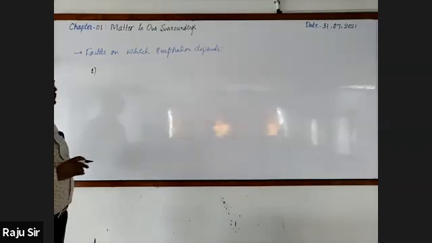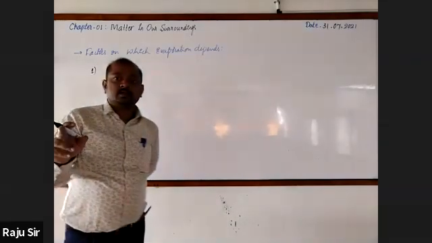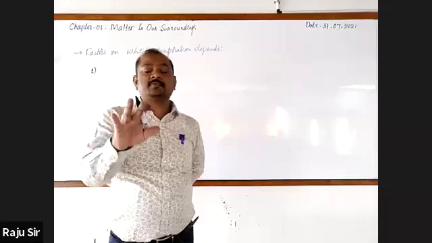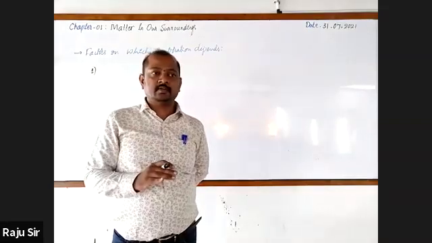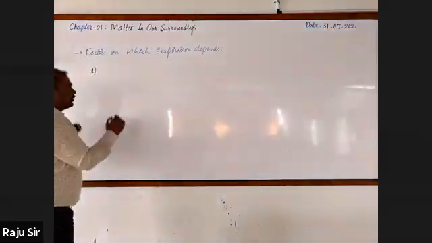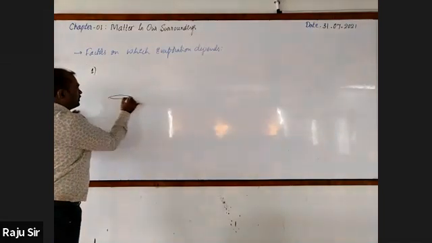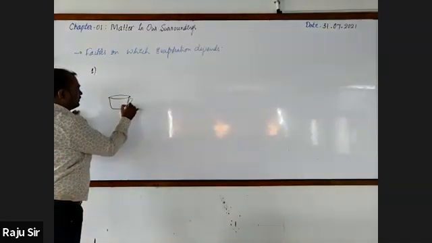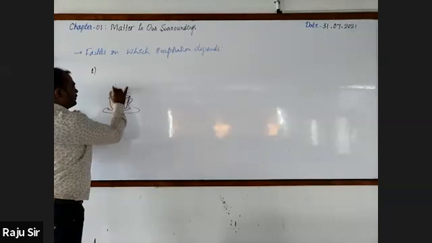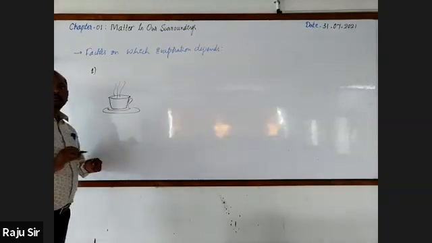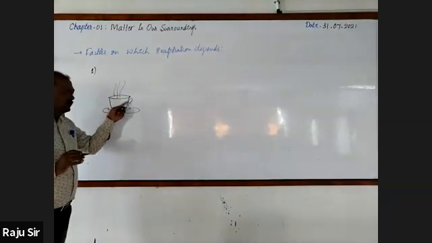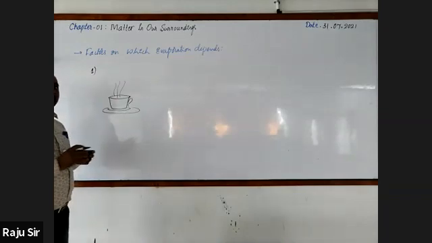One student said that it depends on the free surface area of the liquid. Suppose there is a cup of tea again. To reduce its hotness, what will you do?